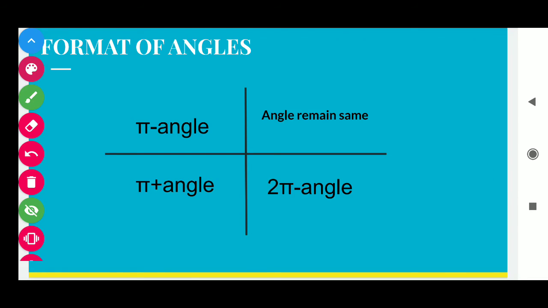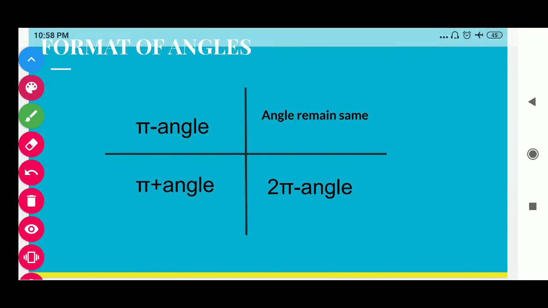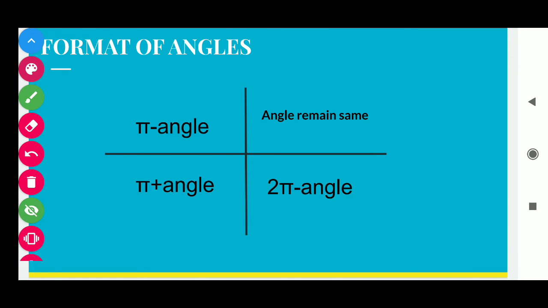If we discuss an angle that lies between 0 and 90, then we will write the angle as it is. So students, for the same you can write theta. You can also use the symbol x. In the second quadrant, which is 90 to 180, we will write pi minus angle.